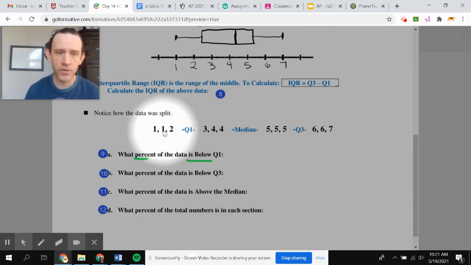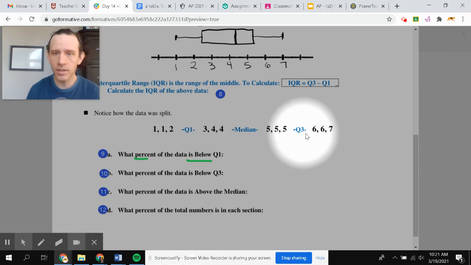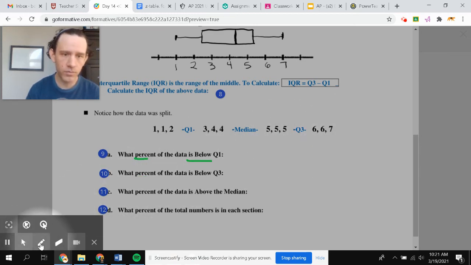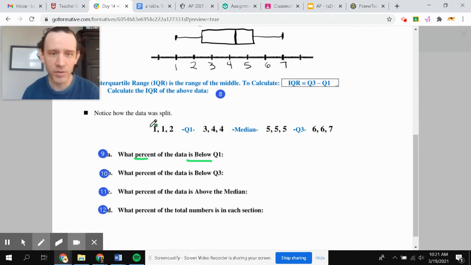So if I look at this first section here, right, what's below Q1? If that's Q1, I have how many numbers in my data set that are below that? That's 3. How many numbers total do we have? 1, 2, 3, 4, 5, 6, 7, 8, 9, 10, 11, 12. All right, we have 12 total numbers. So I'm going to calculate how much of a percentage I have.